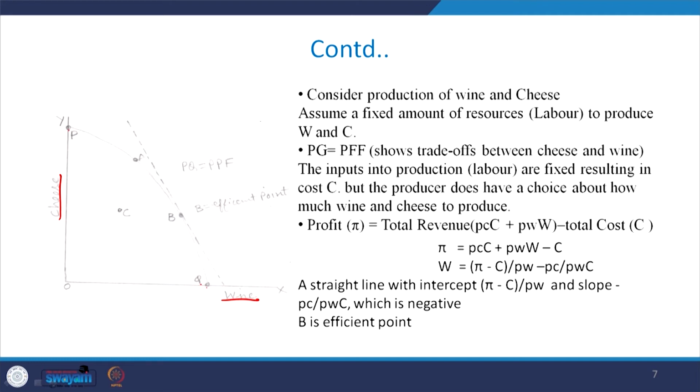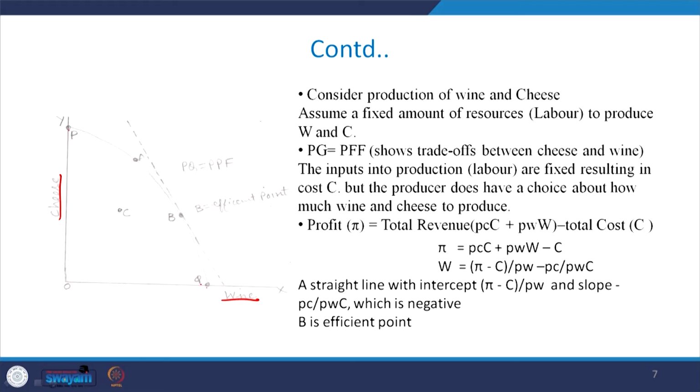As I already discussed, a point in the interior, C, is called inefficient, Pareto inefficient. Points A and B are Pareto optimal, but allocative efficiency as well as technical efficiency will occur at point B, because at point B the resources are optimally utilized and they are also efficiently allocated.